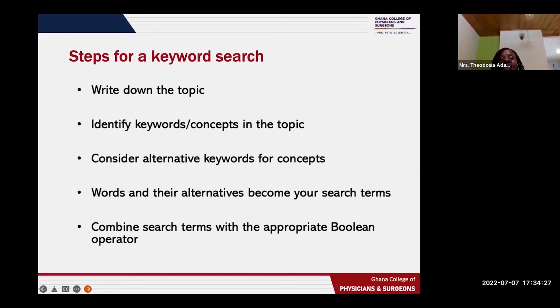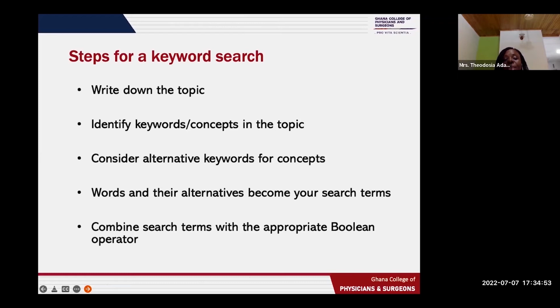So what are the steps for a keyword search? These are things that our trainees should be made aware of. I find it important that when we embark on a search, we write down the topic. It doesn't help to keep it in our minds, but it's important that the topic is written out.